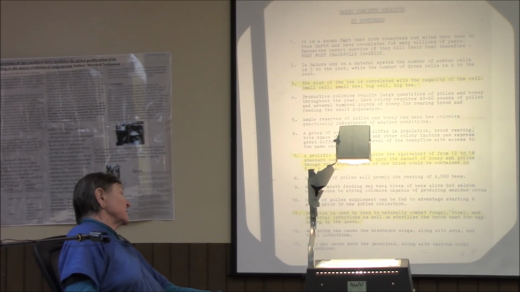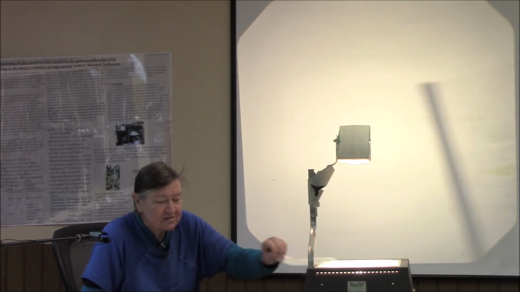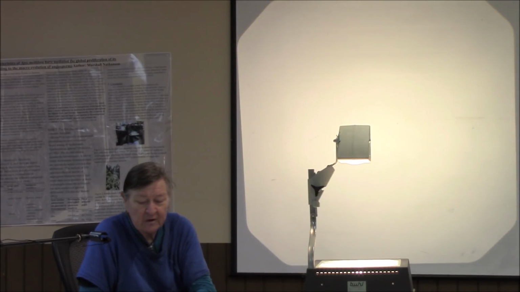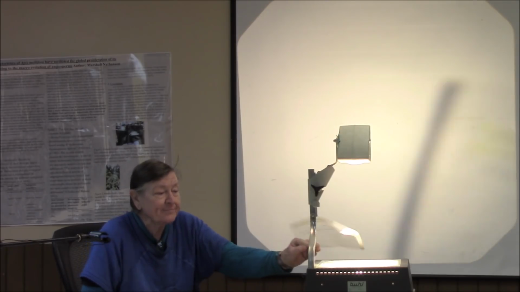Ants can cause much bee paralysis along with various viral infections. But they talk it's the mites. Well, what happened to all the ant problems, and how much are still ant problems, and the guys looking at it don't know what they're looking at to separate it for what's going on.